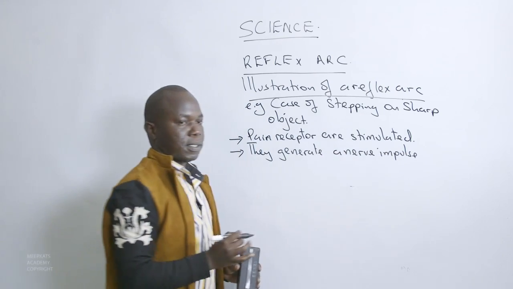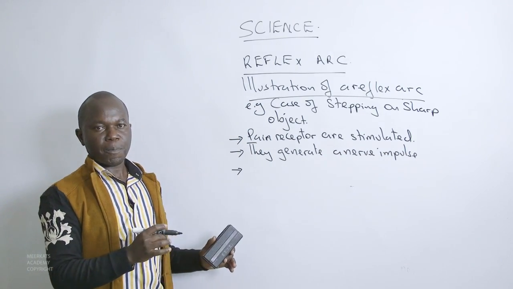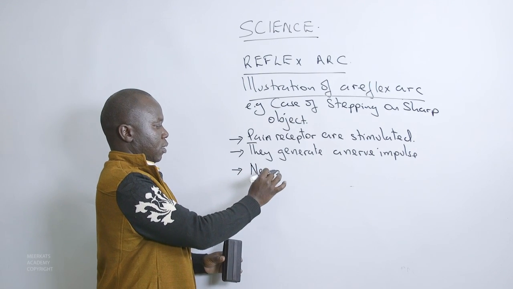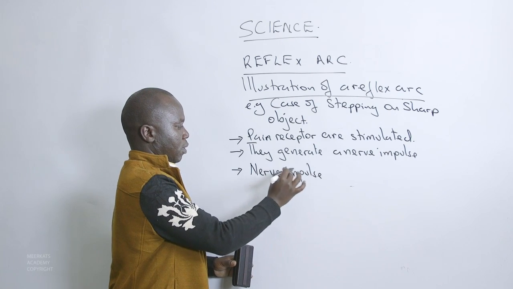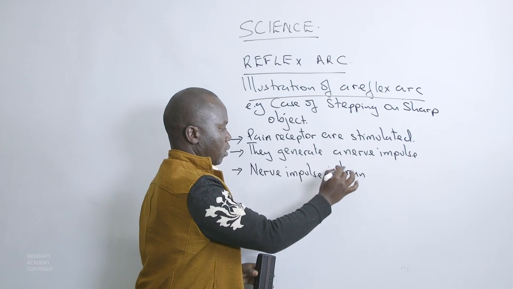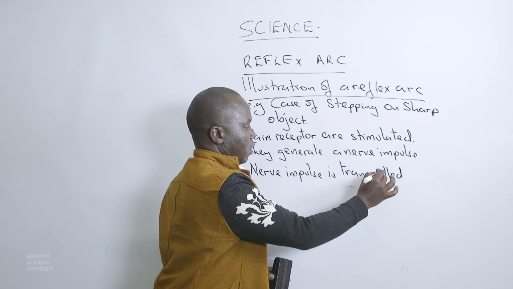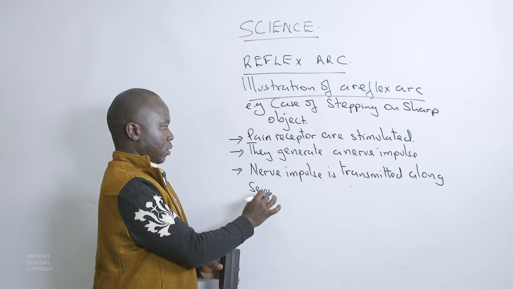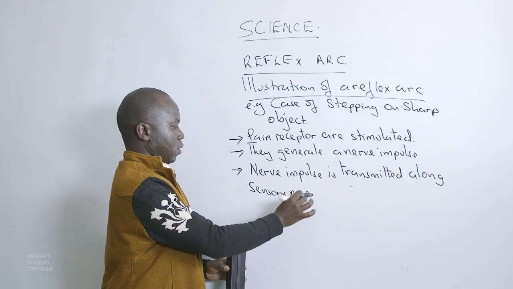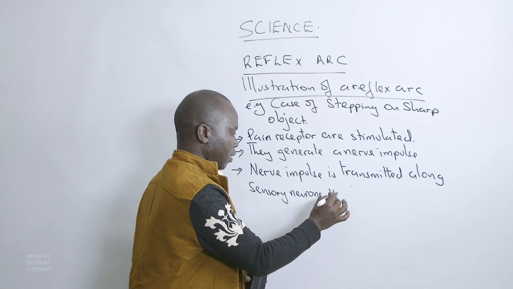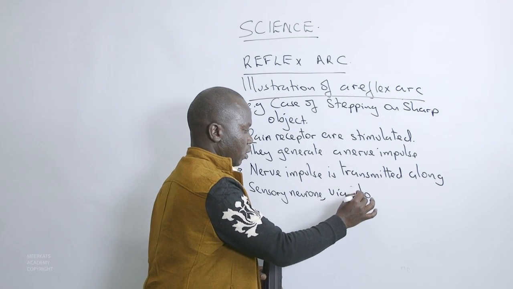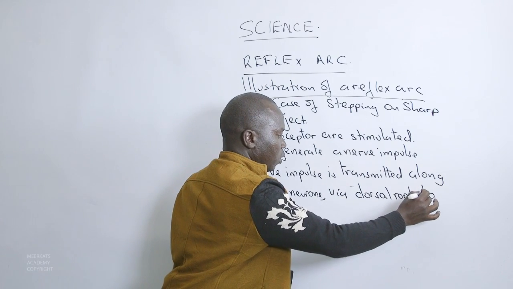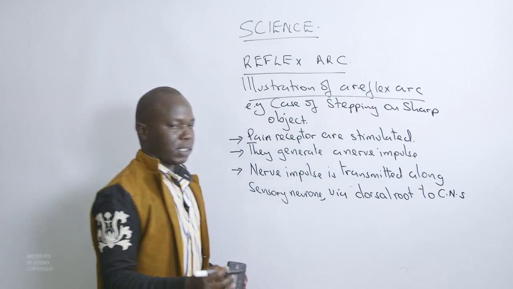Then the nerve impulse will now be transmitted along the sensory neuron, but via the dorsal root, to the central nervous system.